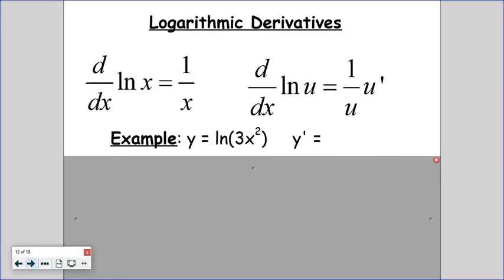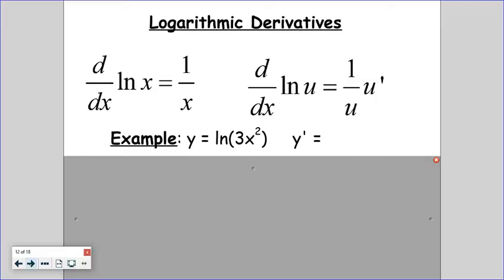Okay, let's talk about when they're in the logarithmic form, and I'm supposed to take the derivative. Again, we'll see exactly like we just saw on the exponential page. They'll look like 4 different rules. It's really one rule. I might pay a little more attention to just the difference between natural log versus log base anything else.